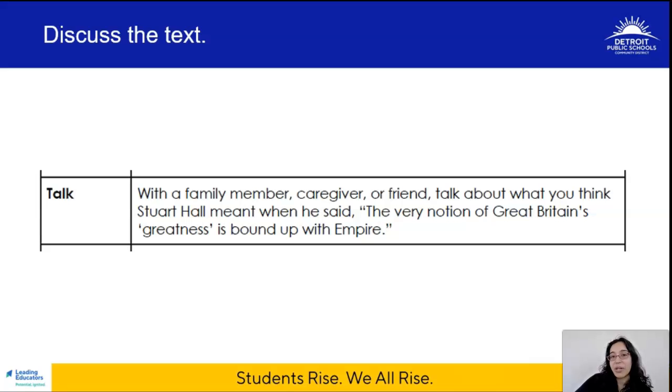By empire, he's talking about the British Empire, which means all of the countries that Britain colonized during the time period of British colonialism. So use that information to think about this question and then have a conversation with a family member, caregiver, or friend about this question. Go ahead and pause the video and take some time to do that now.